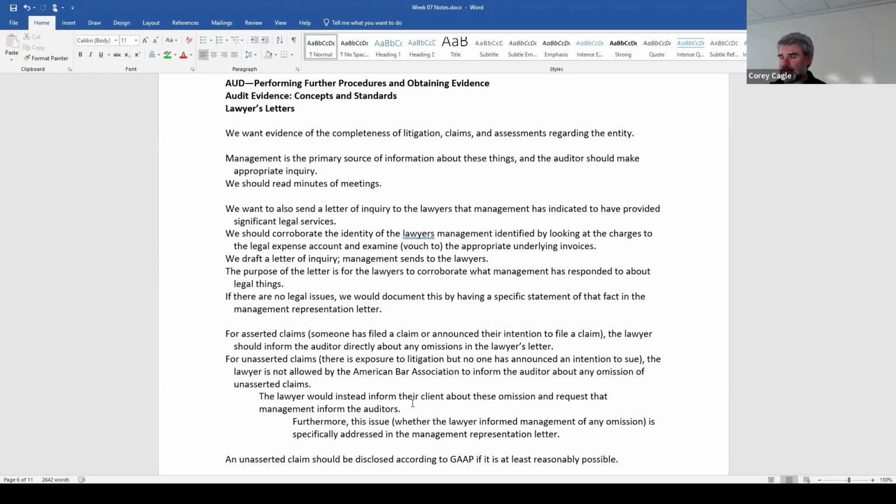Because we're talking estimates of big liabilities. Existence isn't going to be that big of a concern. If they've recorded this big liability, then it likely exists. Otherwise, they wouldn't record it. They don't want to record it, right? So we're more concerned with, did they record the things they should have? We're concerned about completeness.